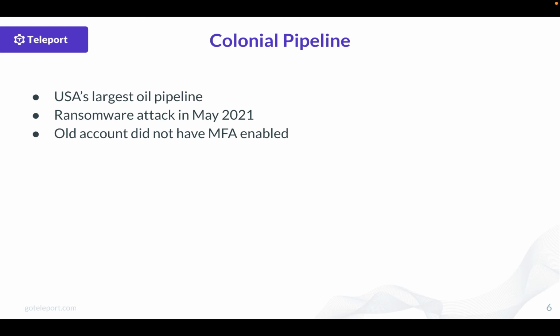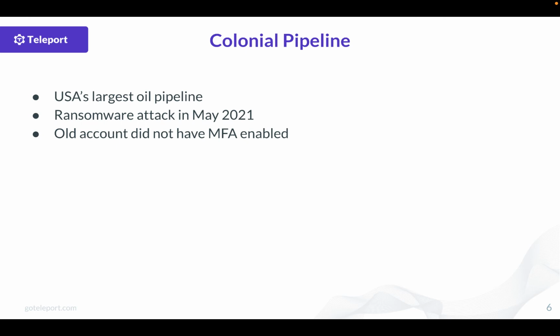Very expensive breach. The cause of this breach was a leaked password for an old account that had access to the virtual private network, or VPN, used to remotely access the company's servers. So this account did not have MFA enabled.